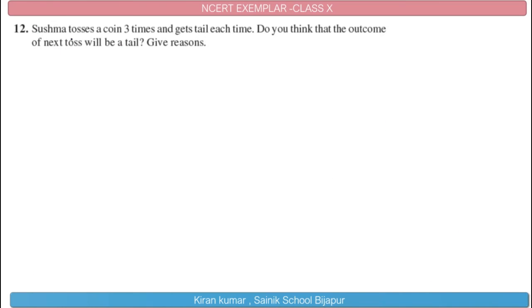Question 12. Sushma tosses a coin 3 times and gets tail each time. Do you think that the outcome of next toss will be tail? Give reason.